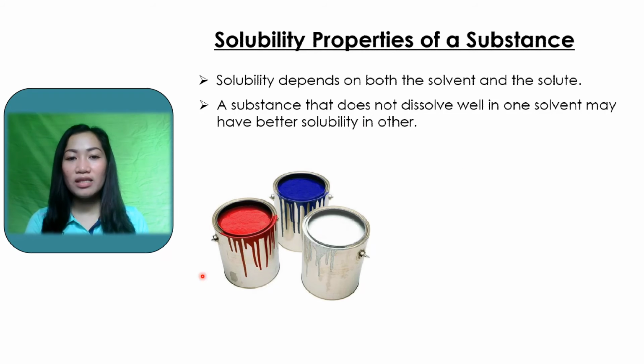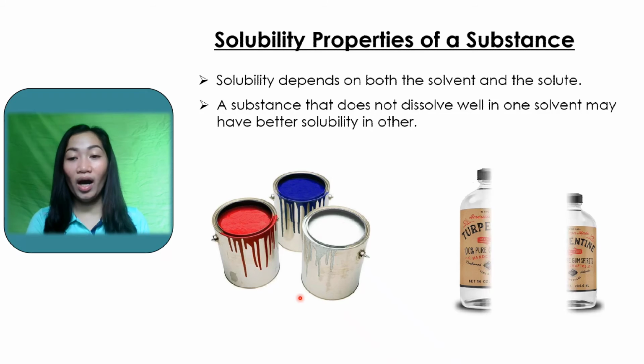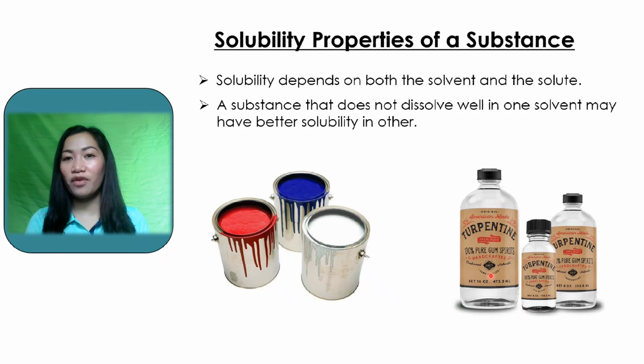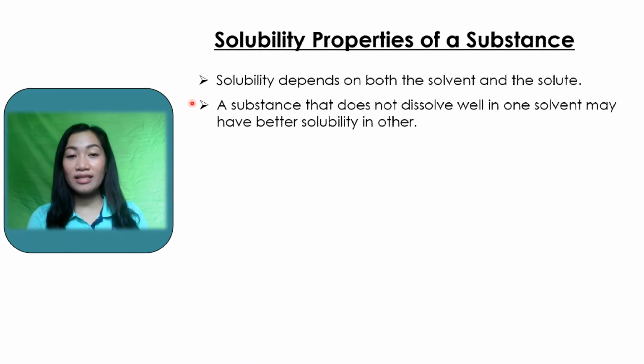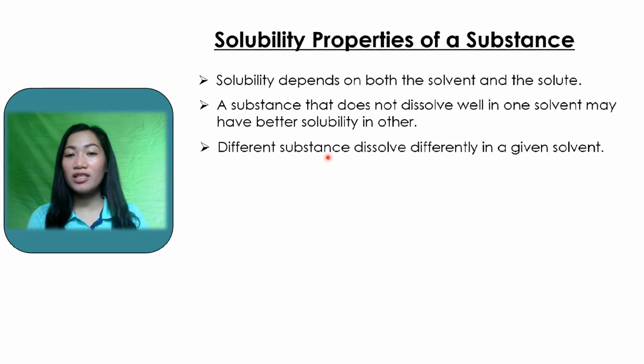Like this one, it's an oil-based paint. As we all know, this oil-based paint cannot dissolve in the water, but it dissolves in turpentine solvent. Next, different substances dissolve differently in a given solvent.